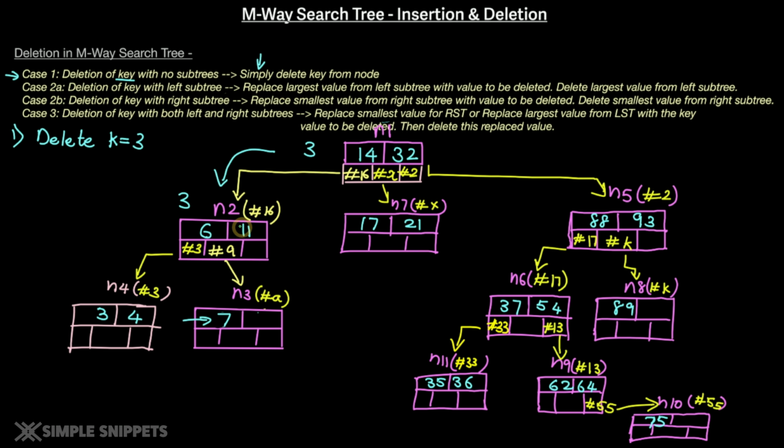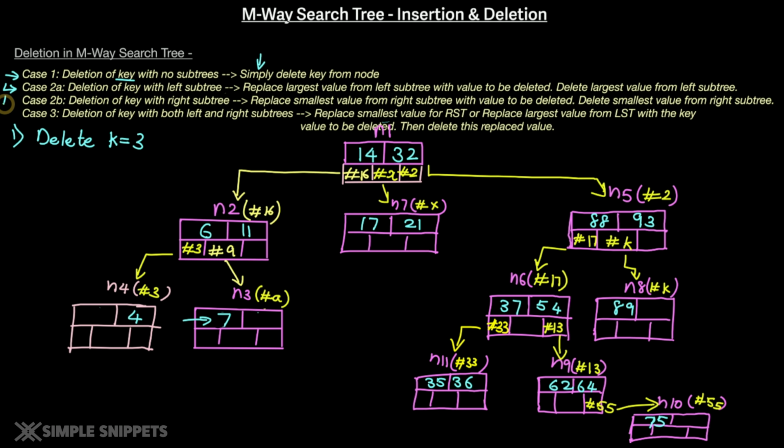Inside this we'll look for 3. Are we finding any match? No. We'll compare it with the very first value. 3 is smaller than 6. Immediately go to the left of 6. We'll go to N4 and the very first value is 3. Simply we have to erase it out. Alright, so this is case 1, very easy, when the key does not have any subtrees.